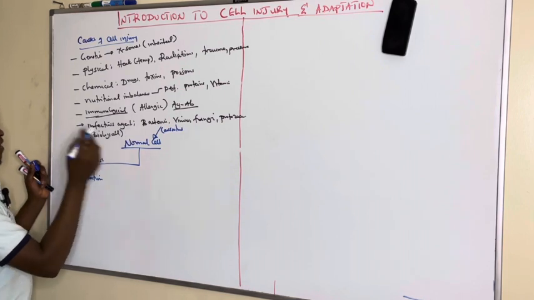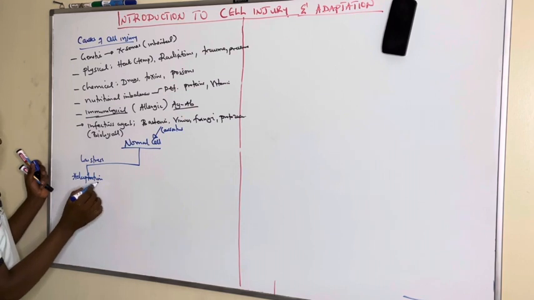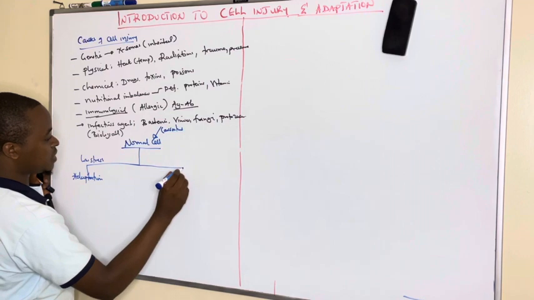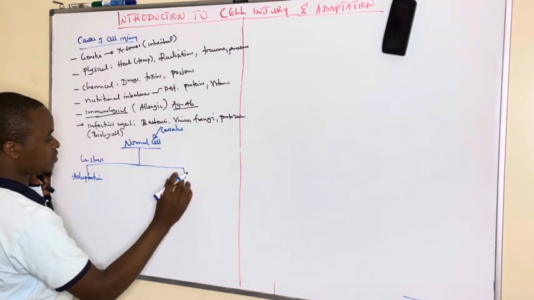When the stress to the normal cell is low, we see adaptation of this cell, and in case the stress is high, we can see this cell undergoing what we call cell injury.